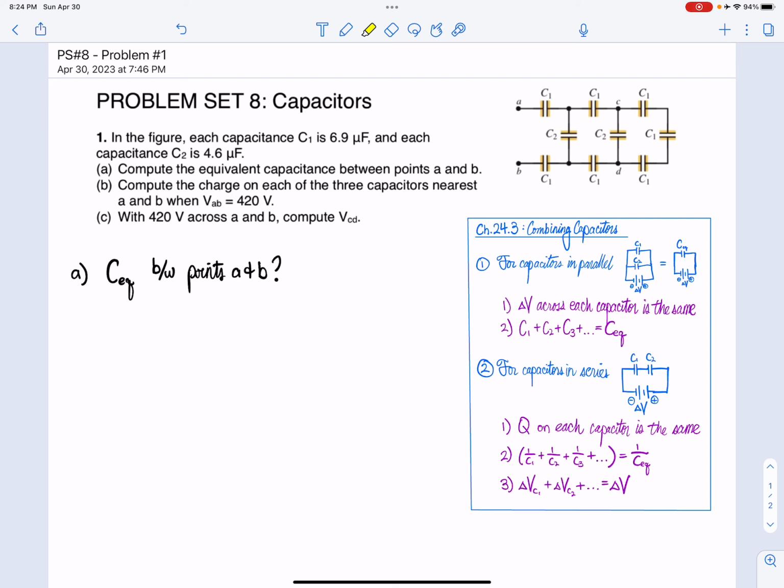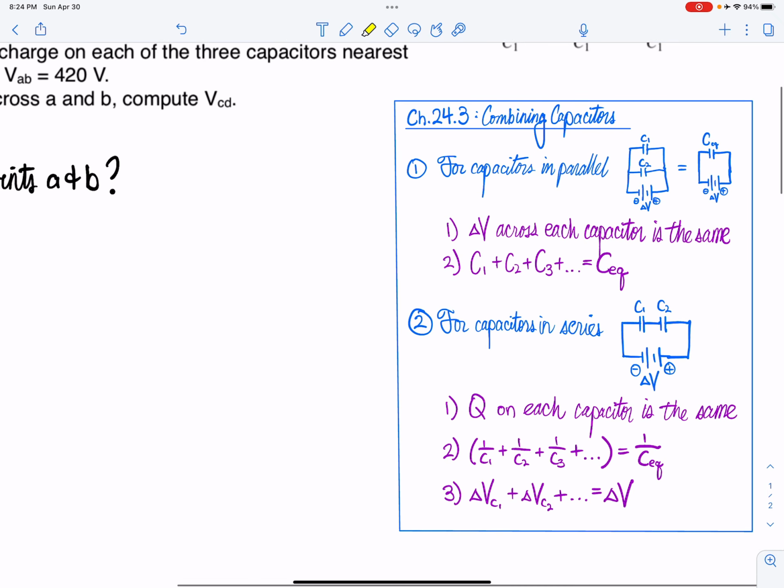Okay, before I answer part A, I just wrote down something from chapter 24.3, combining capacitors, about capacitors in parallel versus capacitors in series. For capacitors in parallel, the voltage across each capacitor is going to be the same, so the voltage of C1 is equal to the voltage at C2.